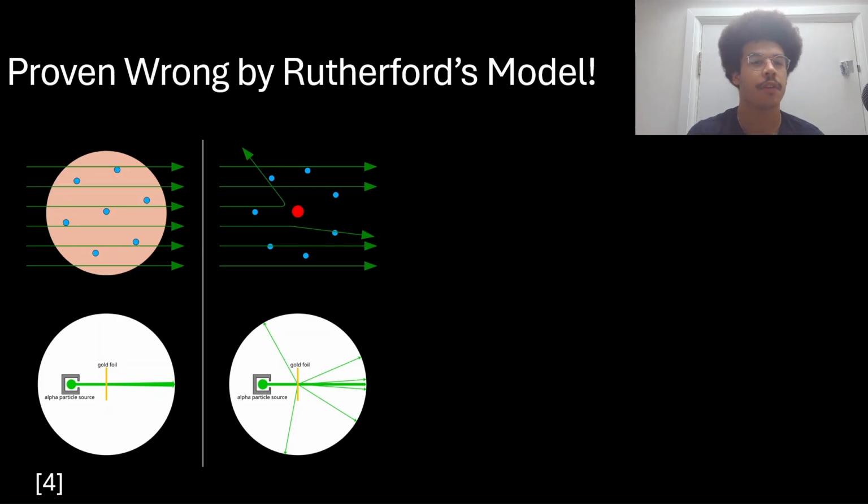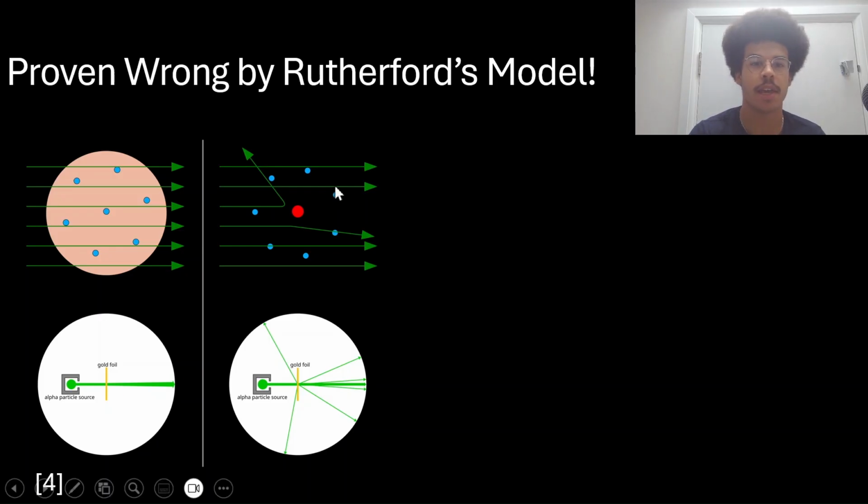And if Thomson's model was correct, what would have happened is that the evenly dispersed positive charge shouldn't have been enough to change the direction of the incoming positive particles. However, what Rutherford noticed, along with his team of students, is that there was some scattering going on.